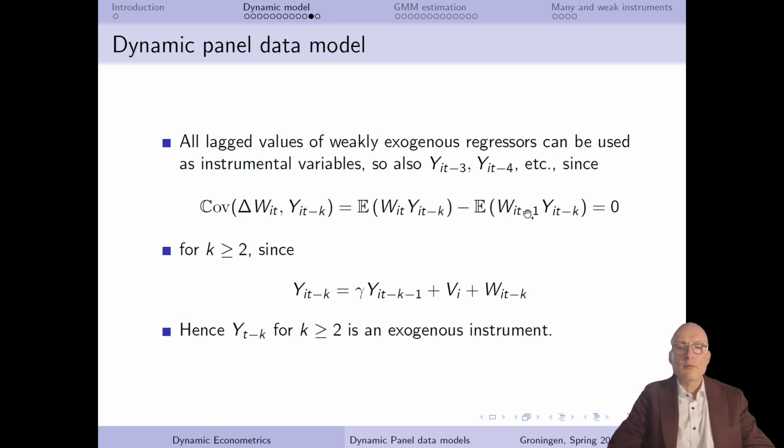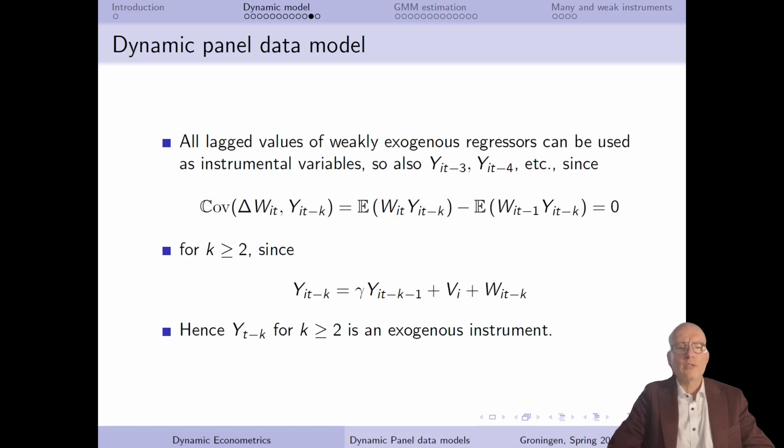But what about this term that we have over here? Well, here we have WIT minus 1. And we do still know that YIT minus K is equal to gamma YIT minus K minus 1 plus VI plus WIT minus K. Again, WIT minus 1 is definitely uncorrelated with VI. And it's also uncorrelated to YIT minus K minus 1 because this is just a higher order term. So therefore, again, we have to focus on WIT minus K. But we should realize that WIT minus 1 is uncorrelated with WIT minus 2 due to, again, the assumption of no serial correlation.